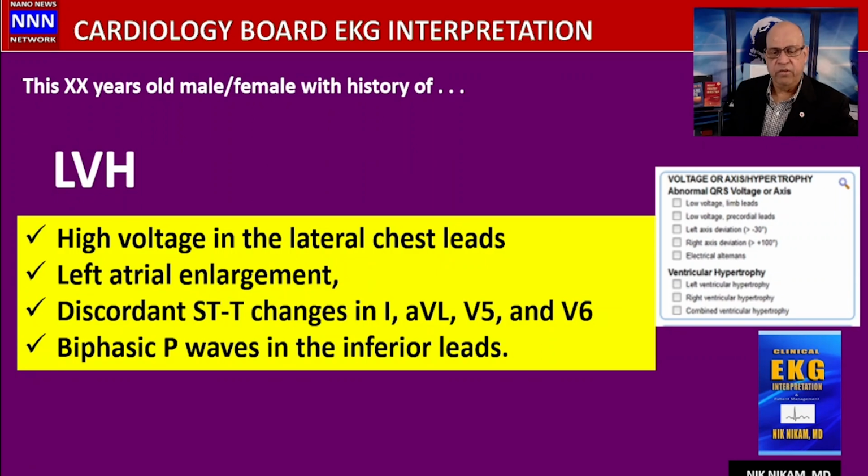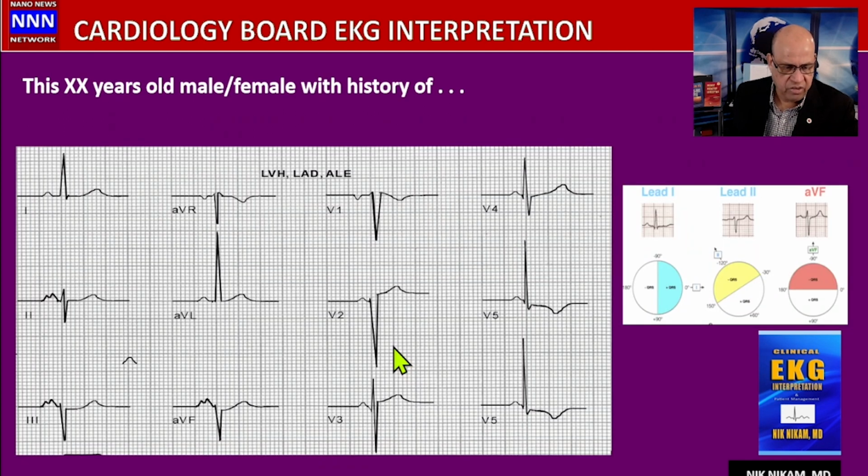Okay, now let's look at left ventricular hypertrophy. Of course, left ventricular hypertrophy is characterized by high voltage in the lateral chest leads, left atrial enlargement, STT changes in 1, aVL, V5, V6, which I already showed you in the previous example, and biphasic P waves in the inferior leads. Let's go back and see if we see those.